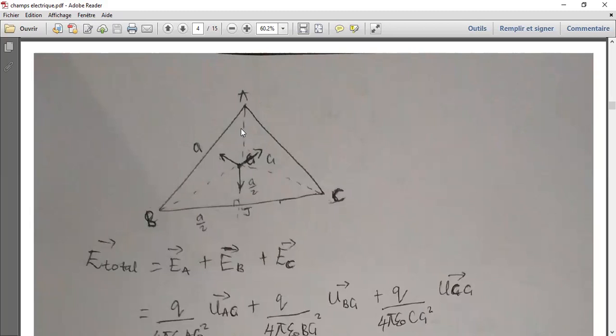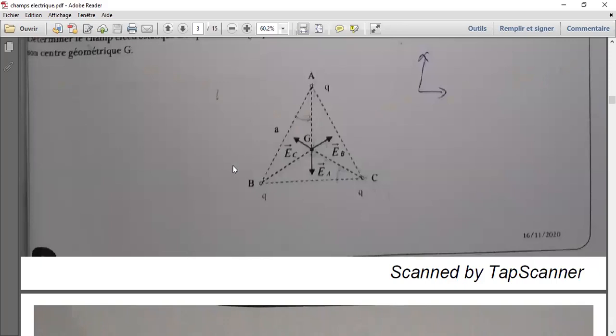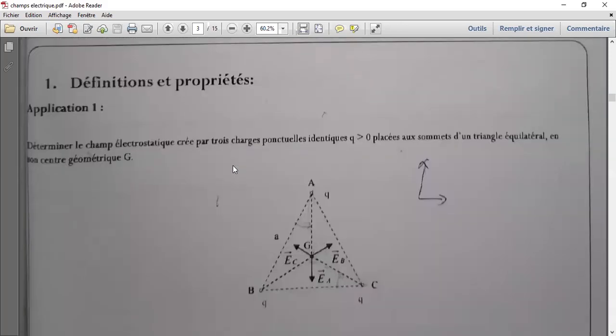This distance here, AG, if you draw it under a diagram which is scaled, let me just take this diagram. If you see here, the diagram which is scaled, have you seen the distance? This distance is too long to be half.